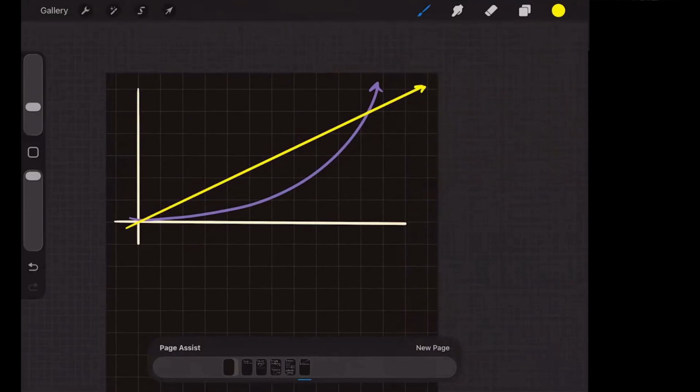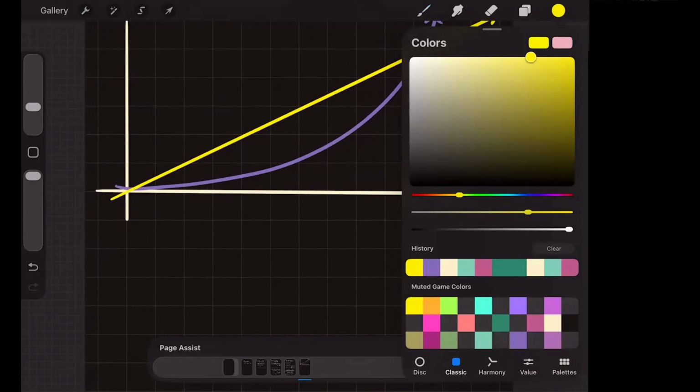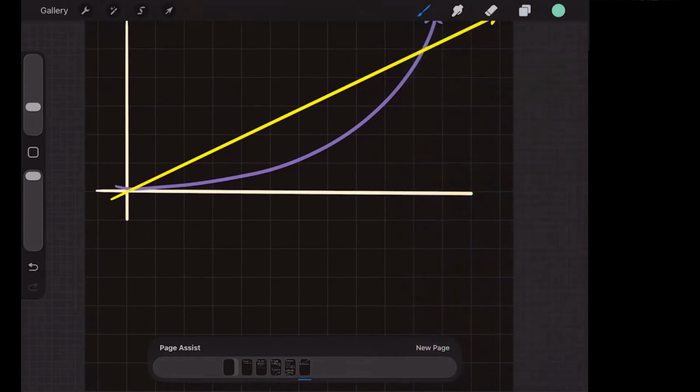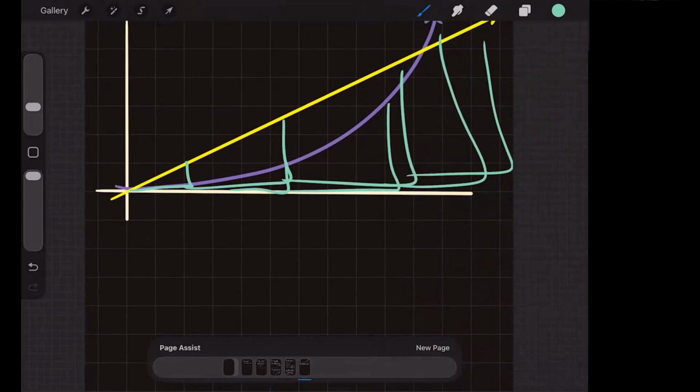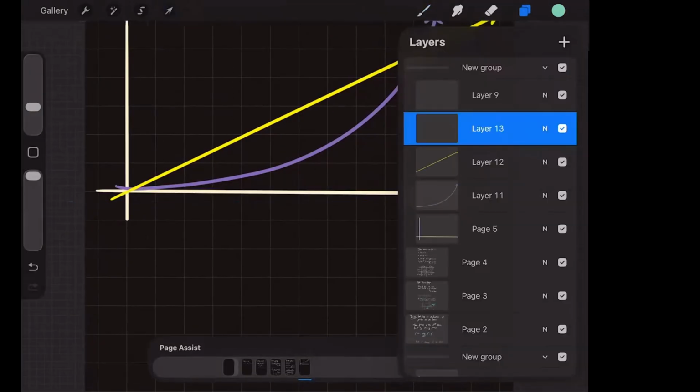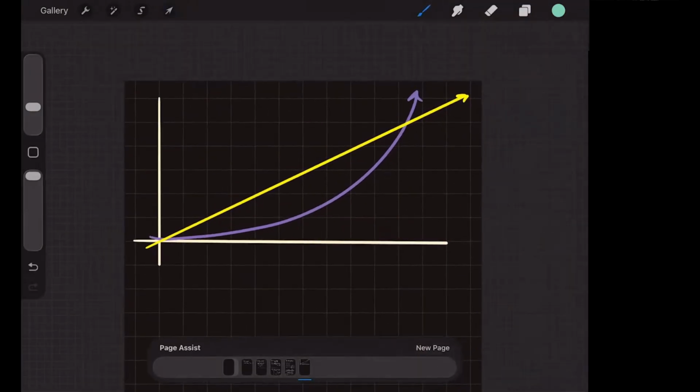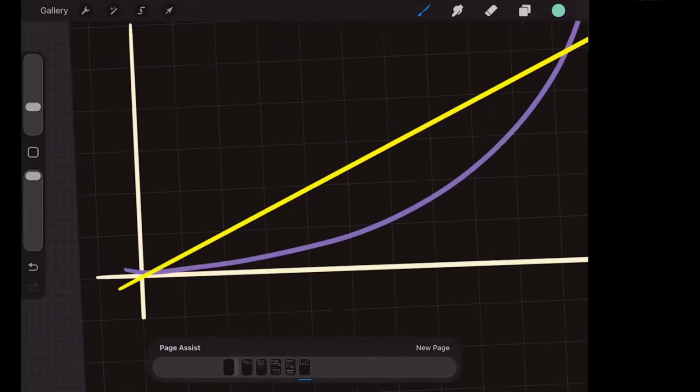Would you agree that both functions are in fact increasing? For a function to be increasing, it has to go up, right? Definitely going up. Now the question is, which function is increasing faster?